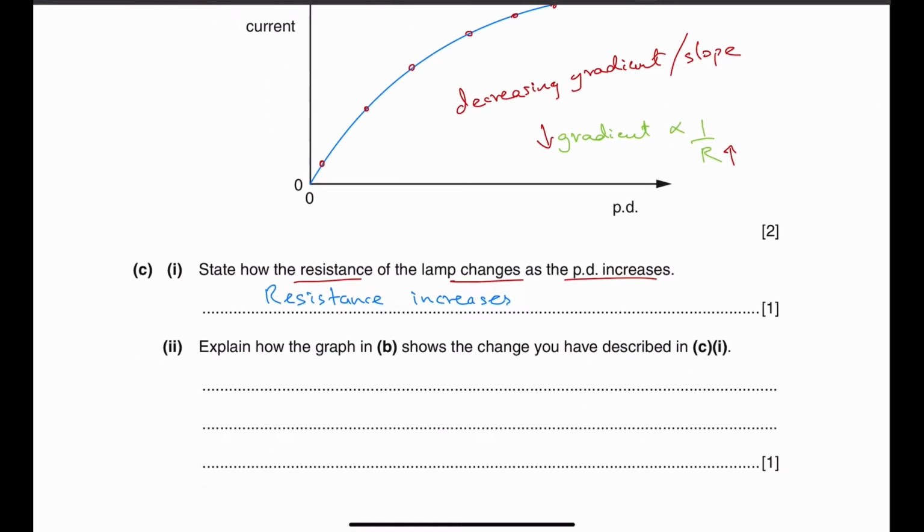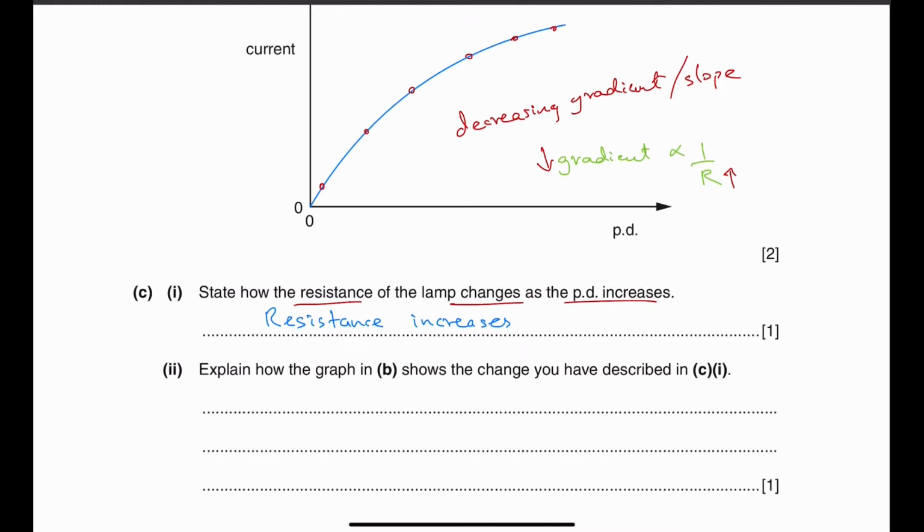Now part 2 says explain how the graph in B shows the changes you have described in C part 1. So I have mentioned in the previous part that the resistance is increasing. Now they're asking me, why did I answer that? How does the graph show that information?